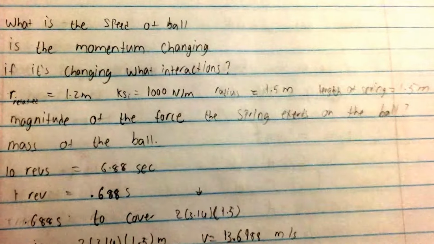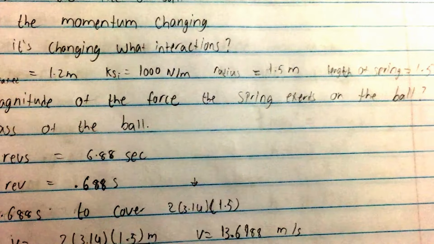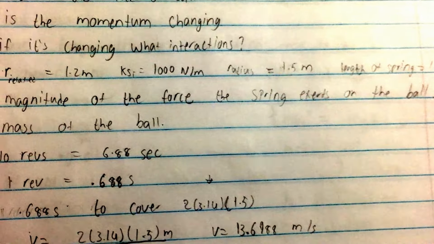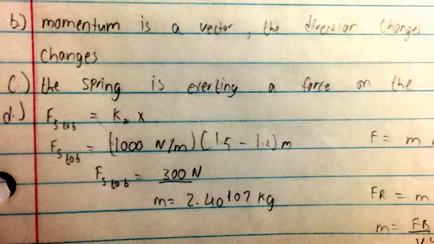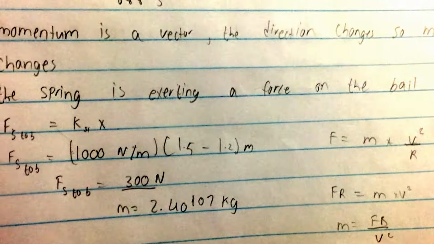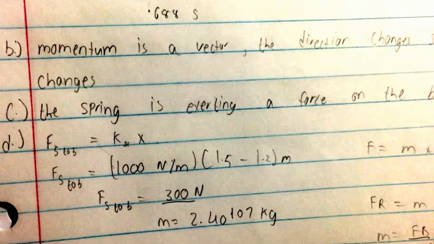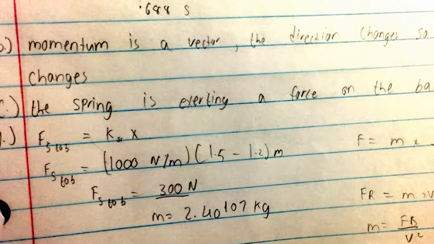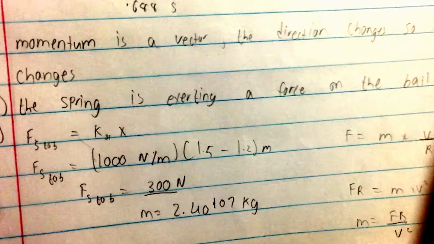And lastly, we were given a scenario with a radius, the spring stiffness, and the length of the spring, and it wanted us to find the magnitude of the force and then the mass of the ball. So first, I found the force. It gave us the spring stiffness, and the final and initial length, so you can find how far it's stretched.